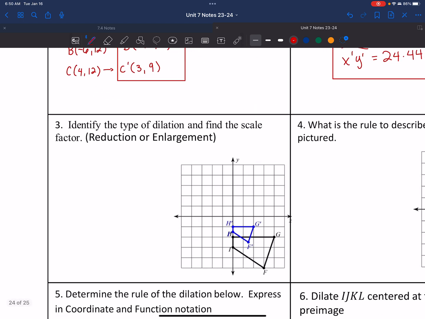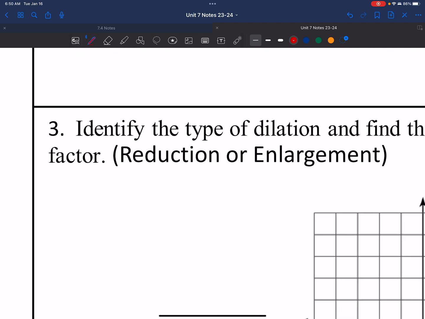Number 3 says, identify the type of dilation and find the scale factor, reduction, or enlargement. So anytime you're doing a dilation, you're either making your figure bigger than it was when it started, or making it smaller than it was when it started. And so our scale factor K, we typically work with scale factors that are bigger than zero.